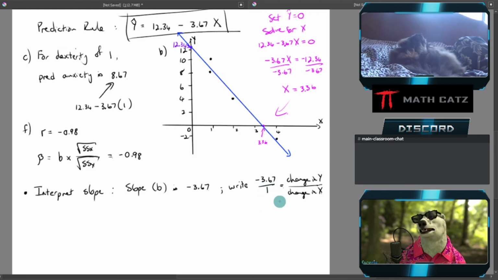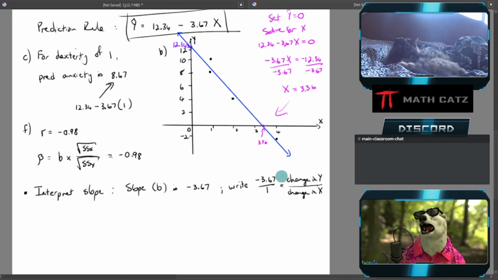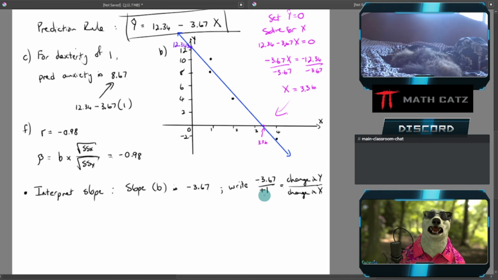And I like to always do the same thing because it builds confidence. Bottom first. If the x variable changes, in this case an increase of 1, then there will be a decrease in the y variable, or a predicted decrease of 3.67. So see, this is a plus and a minus indicating increase and decrease.